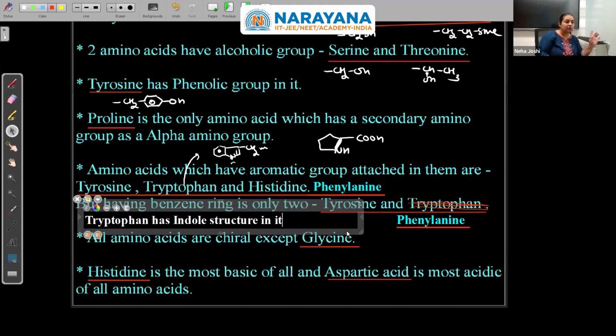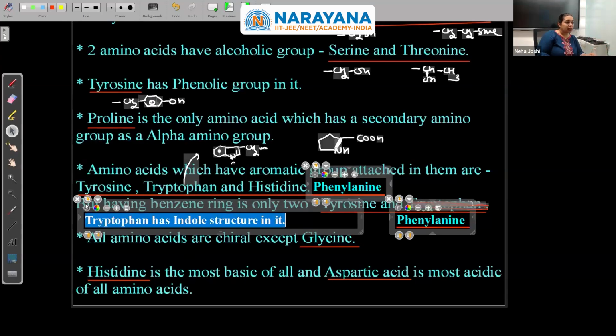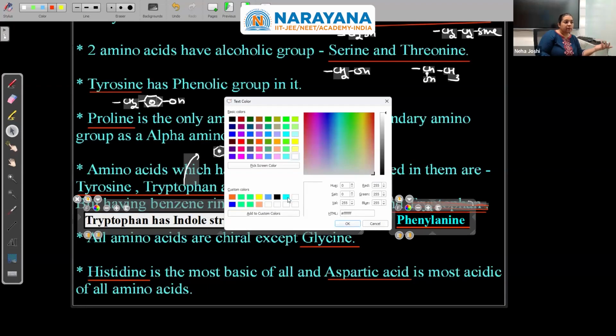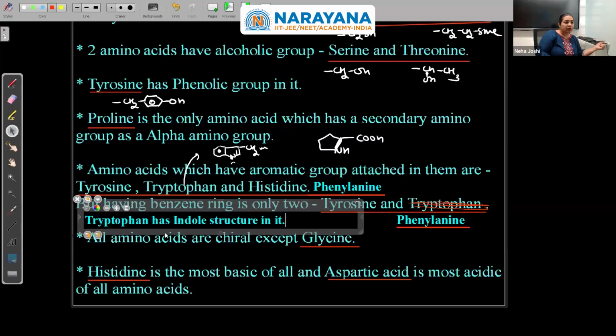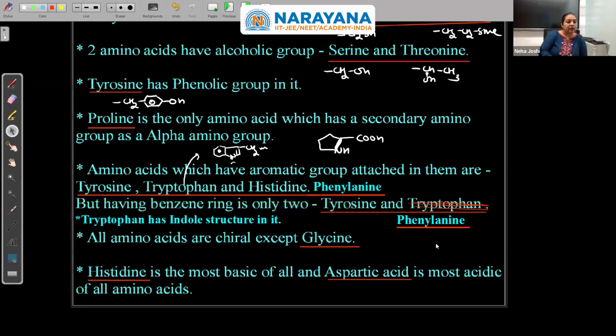So I cannot call it purely benzene. I can't call it absolutely a benzene structure. Is that clear now? Why I didn't want it to be in that list. Is that perfectly fine to all of you? So I'm adding this line here: has indole structure in it. Yes, it is aromatic, but it does not have simply benzene; it is indole.